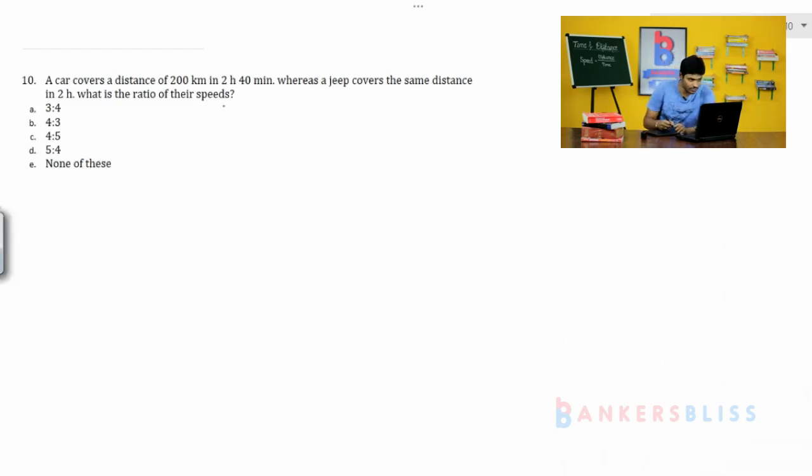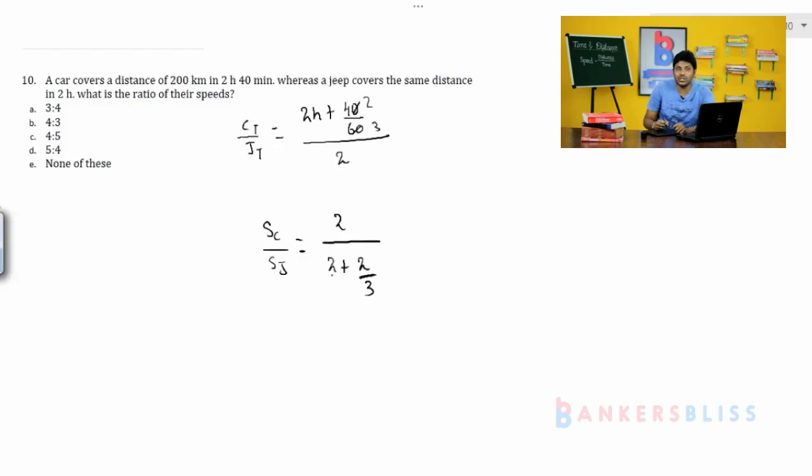So, now car by jeep, the time taken is 2 hours plus 40 minutes. 40 minutes, if you convert it to hours, you are going to get 40/60, that is 2/3. So, speed of the car to speed of the jeep will be inversely proportional to the times, that is 2 divided by 2 plus 2/3.